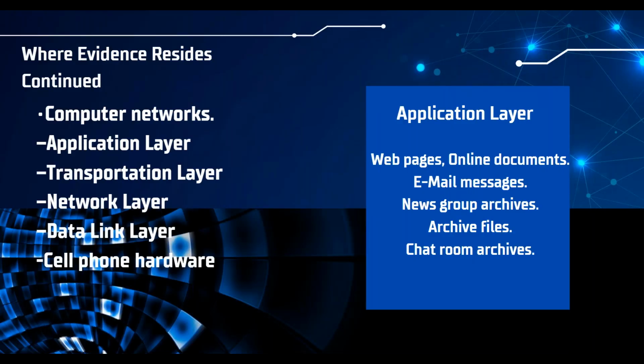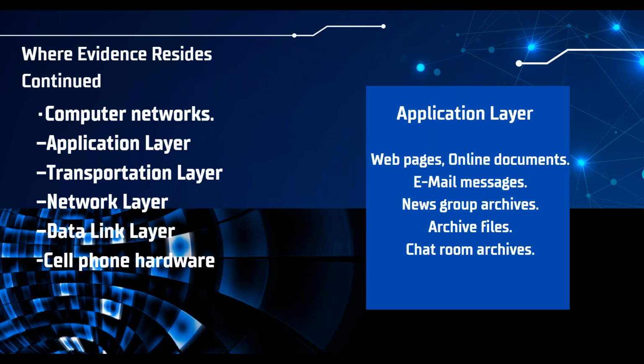So what evidence resides in digital investigations? I think we need to look at all layers of communication, right? So our communication protocol stack, if you've ever heard of it, we have our application layer, our transport layer, and our network layer.